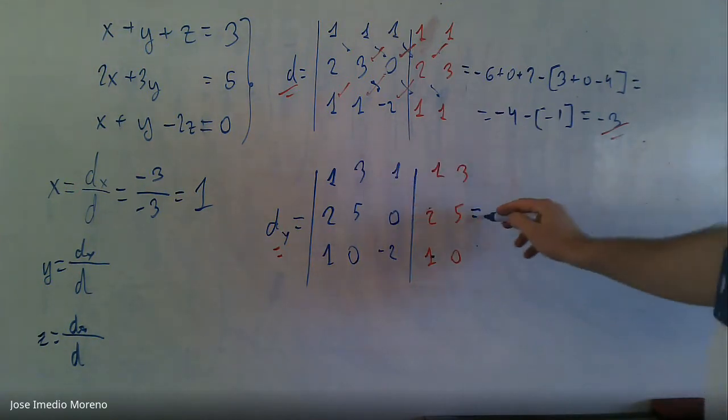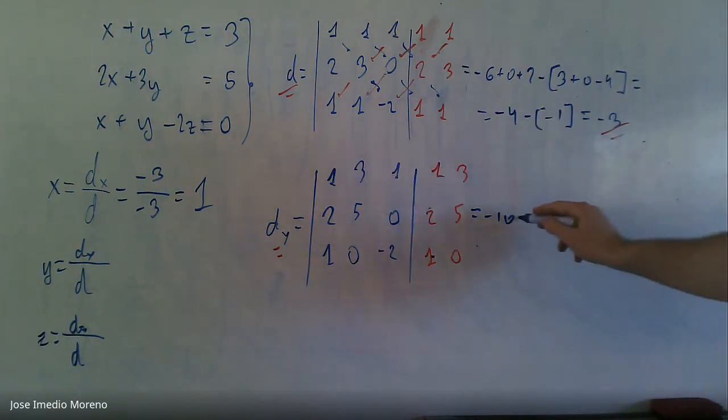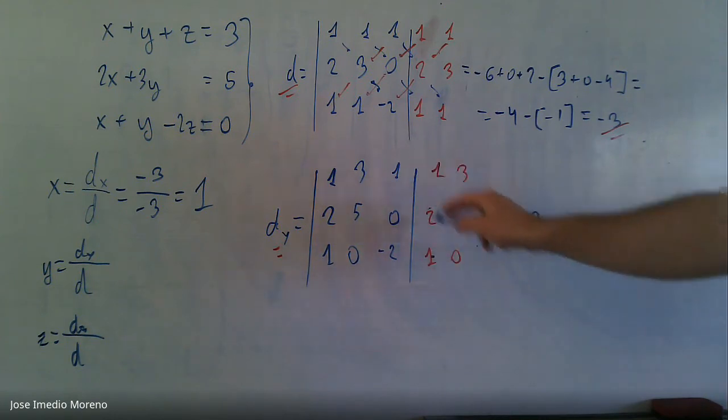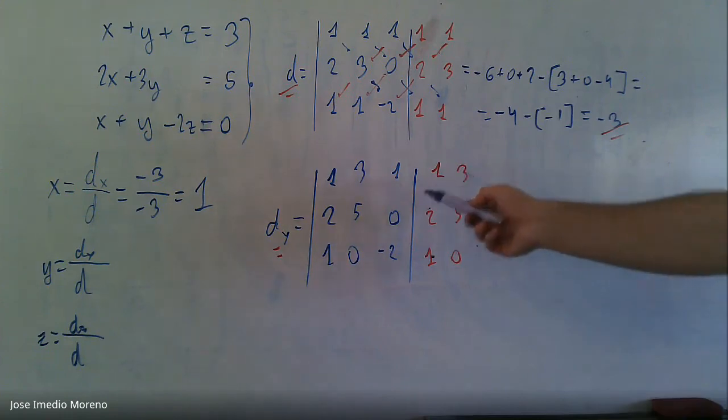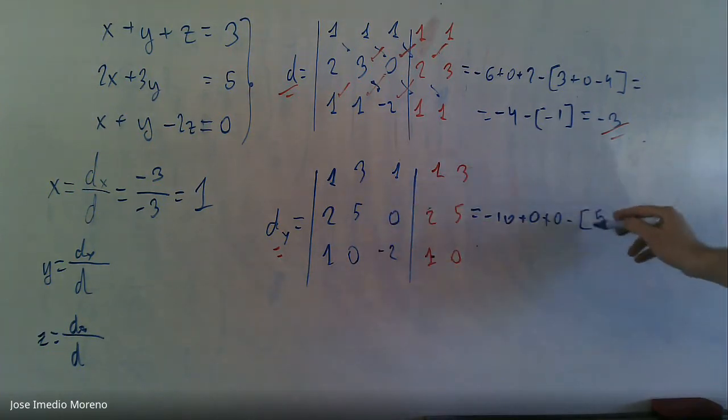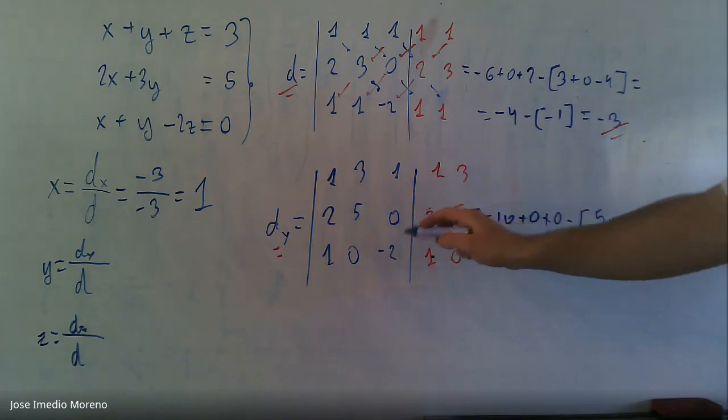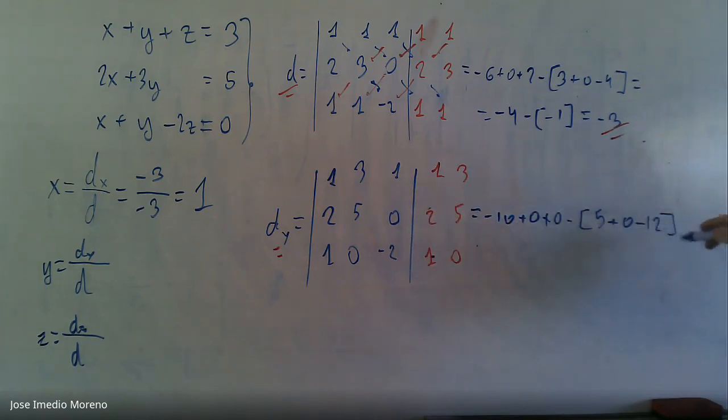1 times 5 times minus 2 is minus 10. This diagonal is 0, and this diagonal is 0. Then the secondary diagonals: 1 times 5 times 1 is 5. This diagonal is 0. 3 times 2 times minus 2 is minus 12.